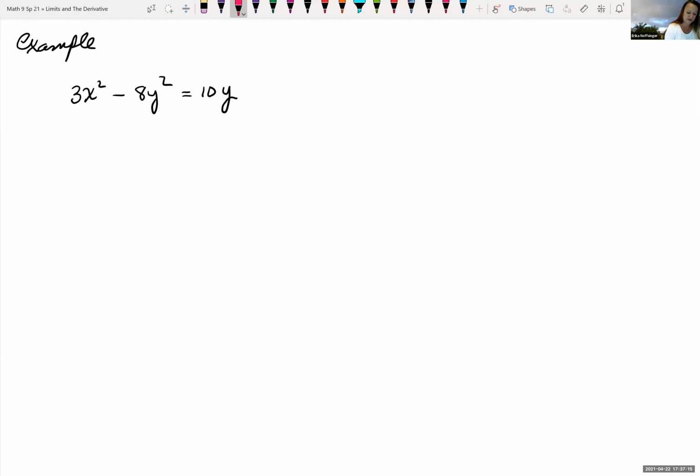And so derivative of 3x squared, that is just 6x, minus the derivative of 8y squared. So that is 16y, but this one we took the derivative with, and it had a y in it. y is a function of x, so we have to put times dy dx. Equals derivative of 10y. Well, derivative of 10y is 10, but y is a function of x. We have to write times dy dx.